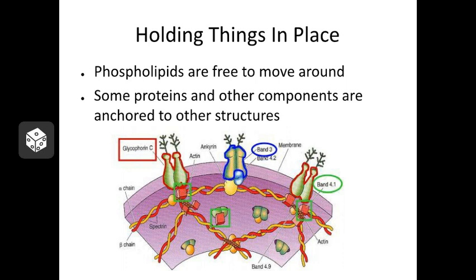So how can it achieve that? Well, let's look at this diagram. This pinkish thing here is the cell membrane. That's the phospholipid bilayer. And you can see that there are several little proteins here. And they are anchored in place by this structure. This should look kind of familiar to you. This is actin. Actin is a part of the cytoskeleton, my favorite organelle, remember?